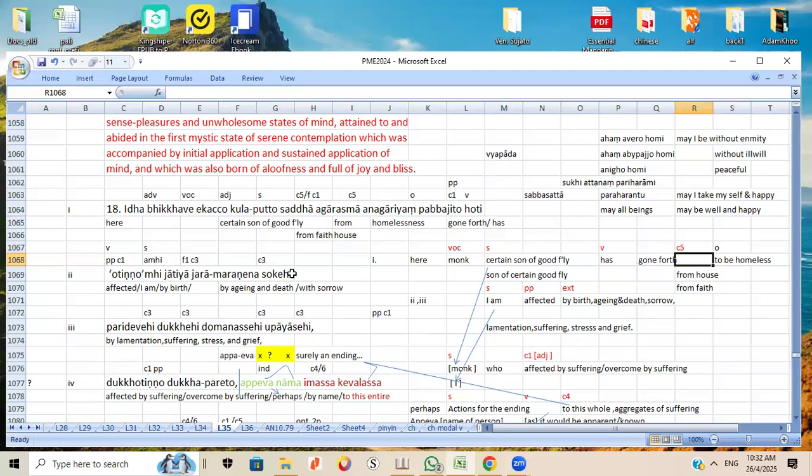This is all plural. Sokehi, sorrow. So this is plural sorrow. Parideva, this is also lamentation. Plural lamentation. Okay. Suffering also plural.